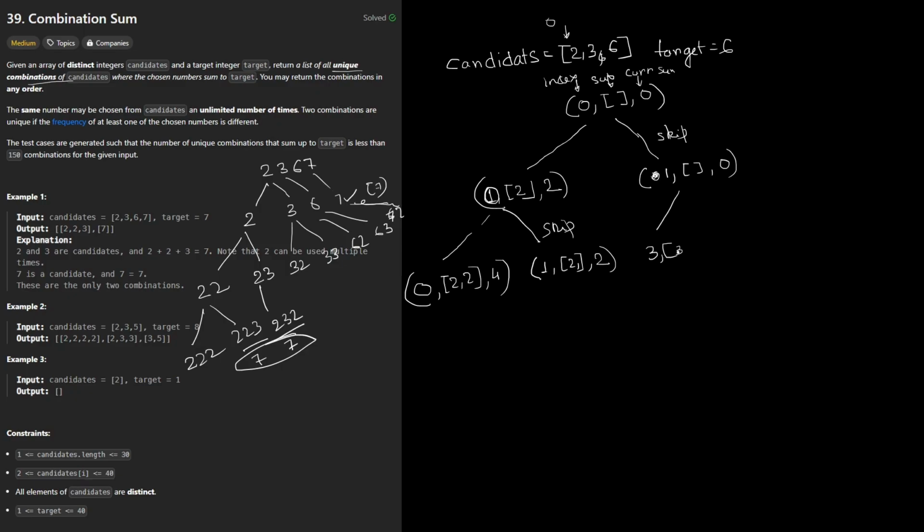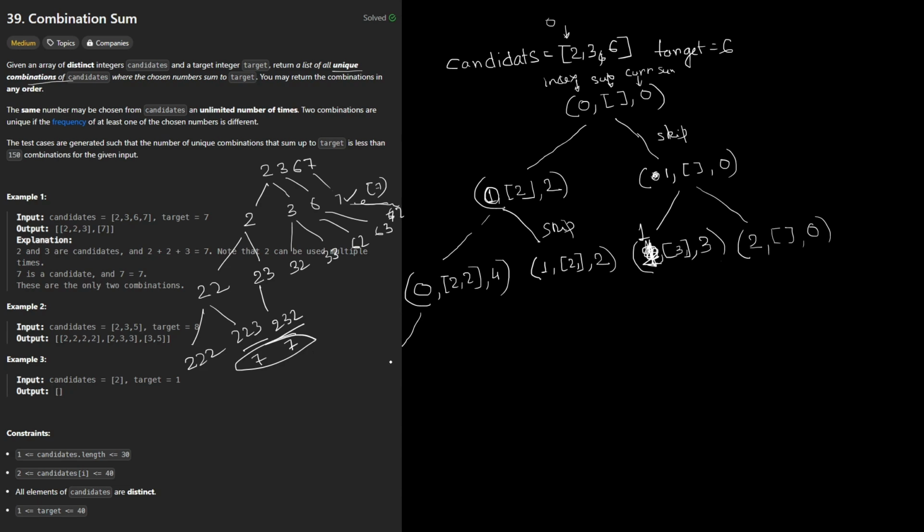So with 3, our current index would be incremented by 1, and our current sum is 3. The other option is that we can again skip. Whenever you're adding, we are not going to increment the index, and when you're skipping it, we're going to increment the index. So our value is going to be empty and this is going to be 0.